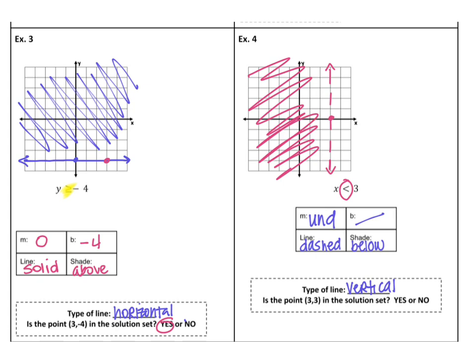Okay, so for vertical lines, it's important to understand that below would mean to the left, but above would be to the right, because it's a little bit trickier to kind of just see where that shading should occur. And is that solution, or is that 3, 3 in the solution? Again, we have a point that is on the line, but this line is dashed, so this is not going to be a solution.